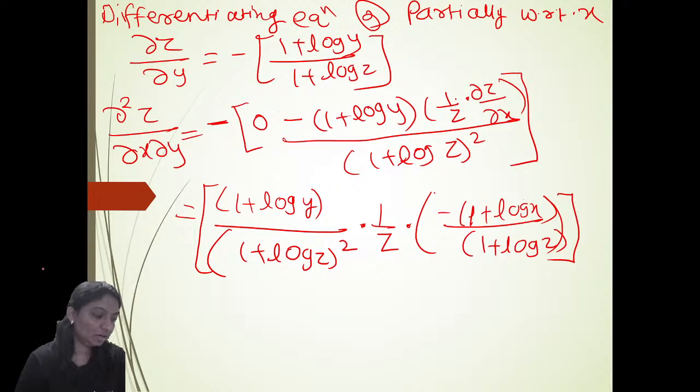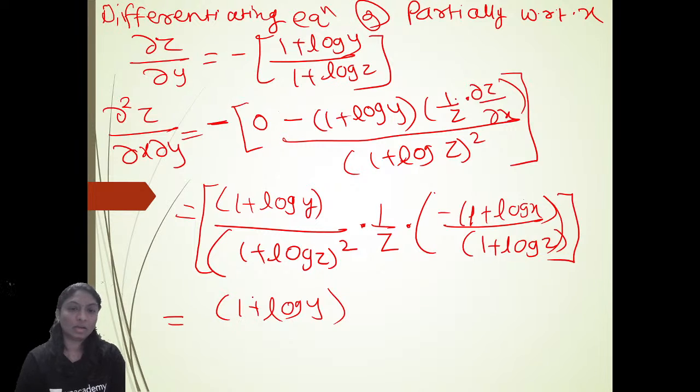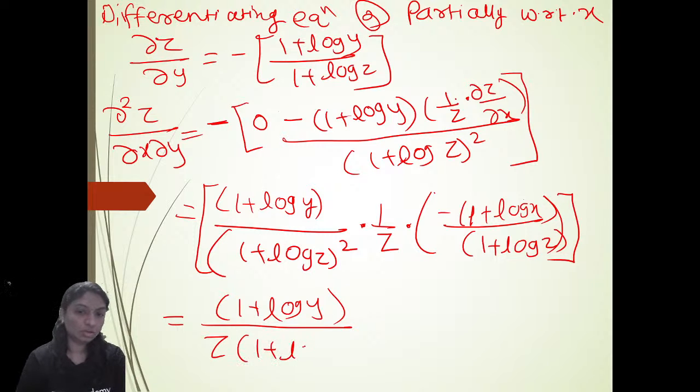So you will get minus of minus, so here 1 by z, 1 plus log y upon z into this z, 1 plus log z bracket cube, right?